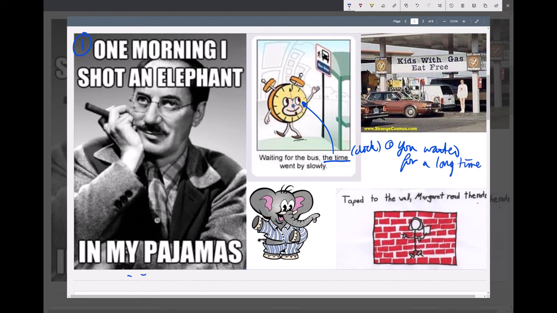Or, like the picture, it's saying maybe the clock, which measures time, walked very slowly.